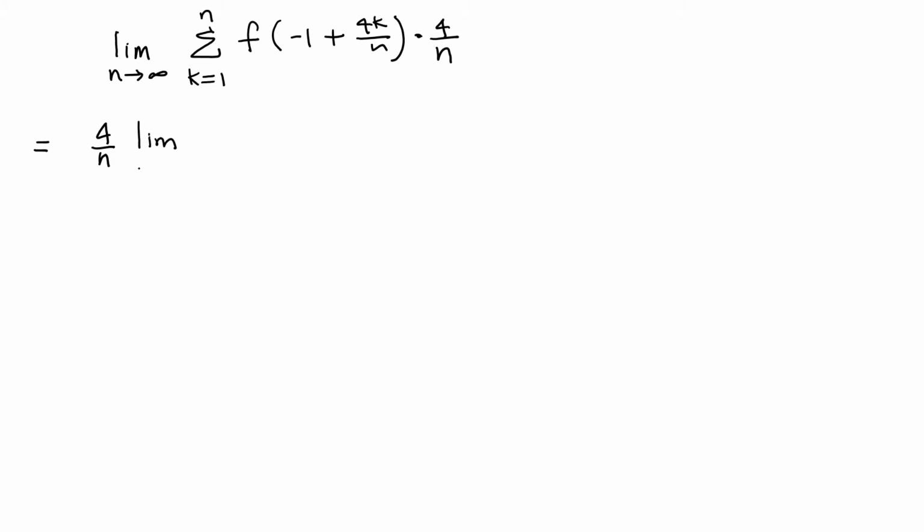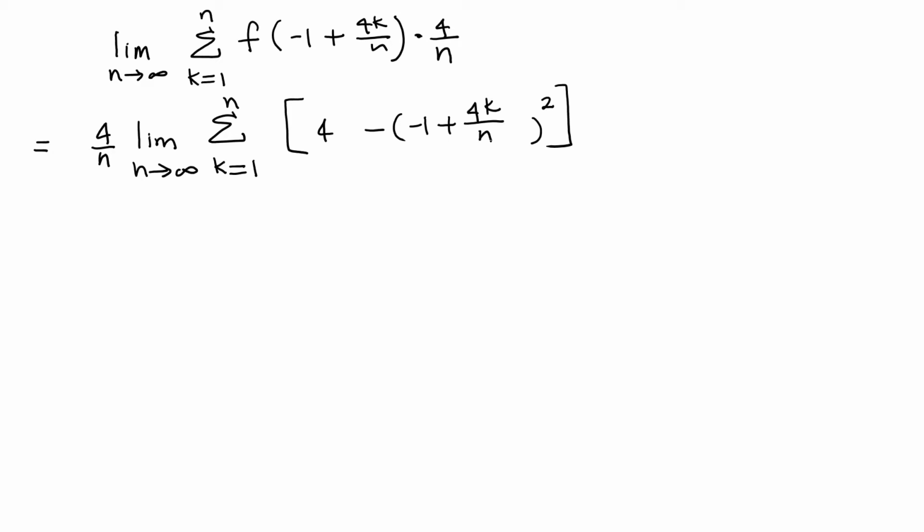We'll still have the limit as n goes to infinity of the summation as k goes from 1 to n. Let's put that function notation in here. 4 minus x squared. For the x, we'll put in the sample point, which is -1 plus 4k divided by n. Let's multiply out that binomial term.